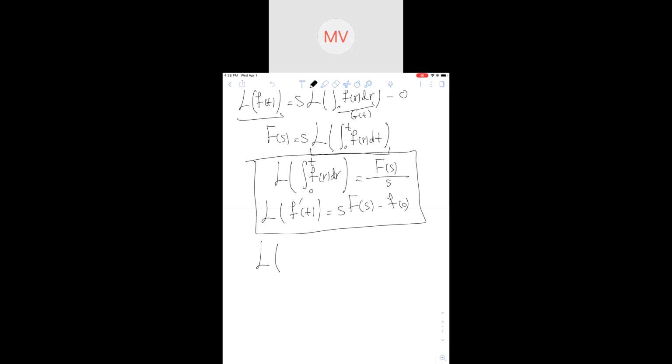Let's see, I want to go with natural log of t. So the initial function would be 1 over t, so t to the negative 1. That is going to be gamma. It's not significant.